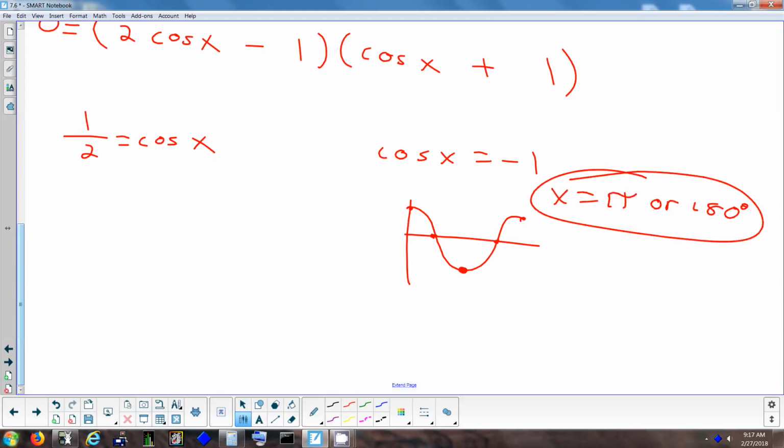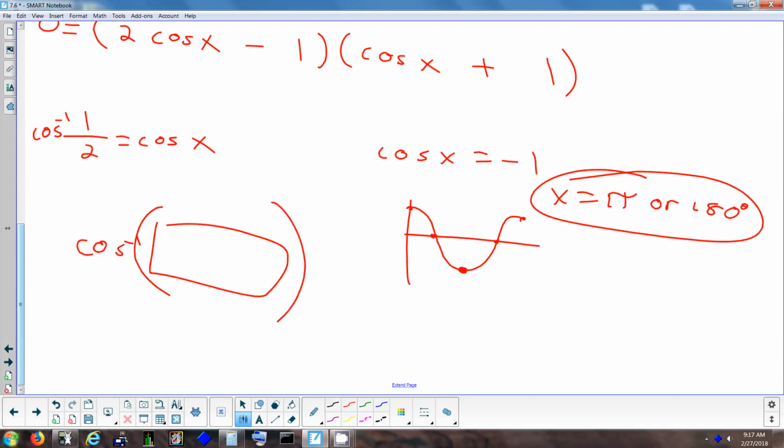And now for the other one, what am I going to do on each side? Take inverse cosine. Right. When you write this, think of it as a big box. You have to take a bunch of stuff and put it in that box, and think of it as the inverse cosine box.